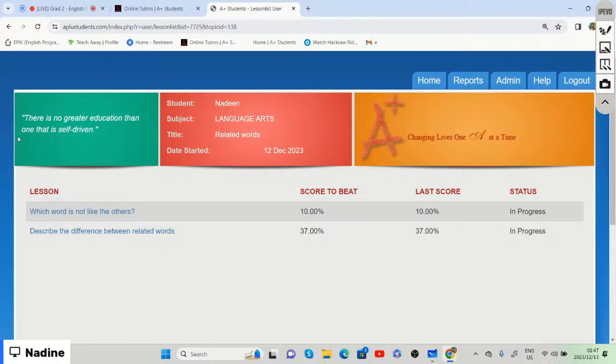All right, so we did our lesson today on related words, and like I said earlier on, certain words can be grouped. This is now the end of our lesson on related words.